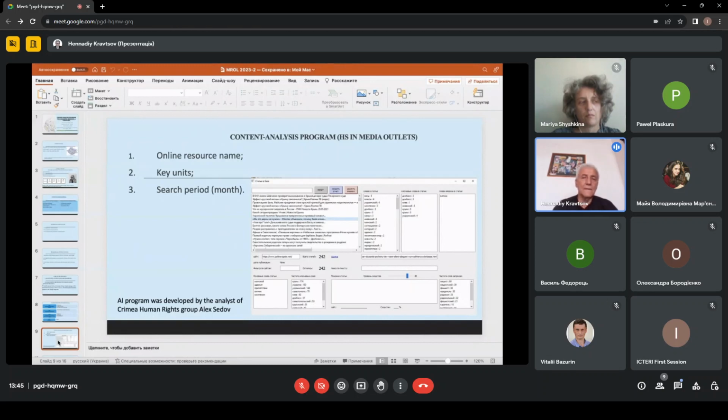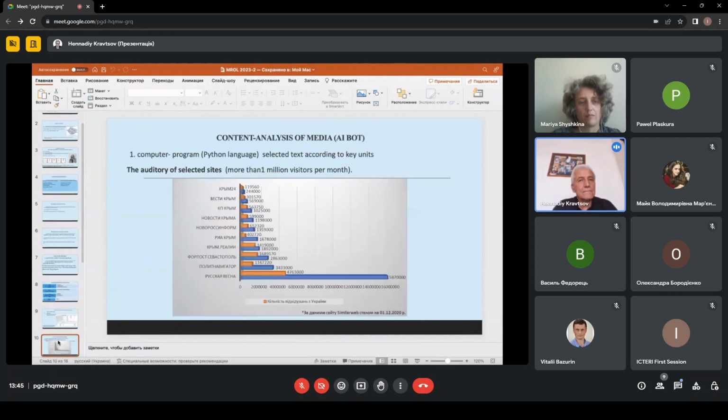It's most convenient for future analysis. And for content analysis, 10 media outlets were selected that are very popular on the territory of Russia and also occupied Ukrainian territory. You see that the orange color is the number of visitors from Ukraine.